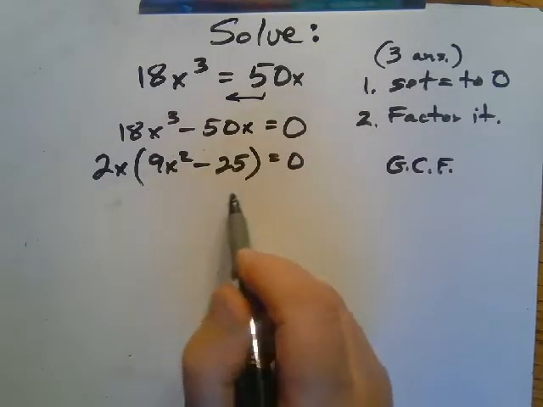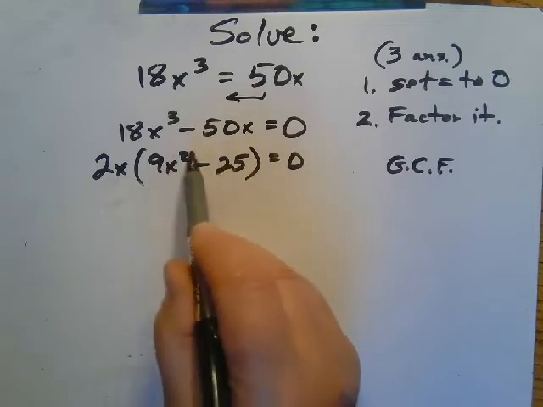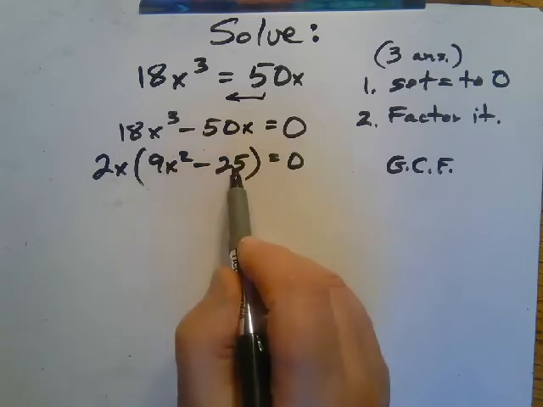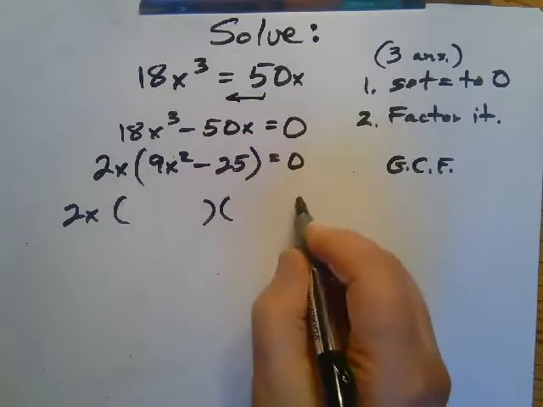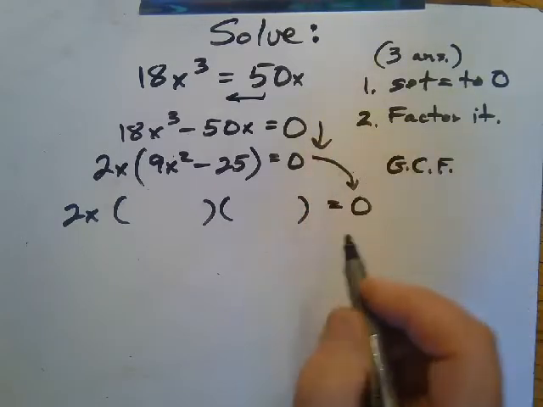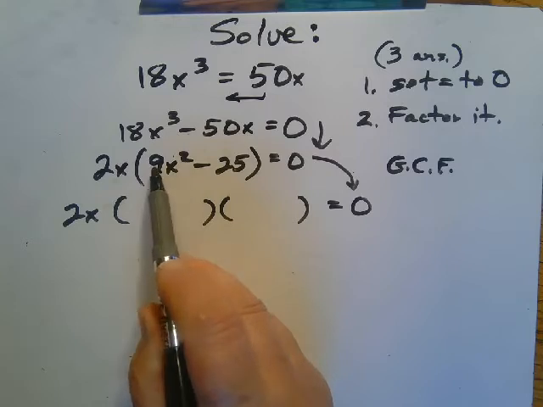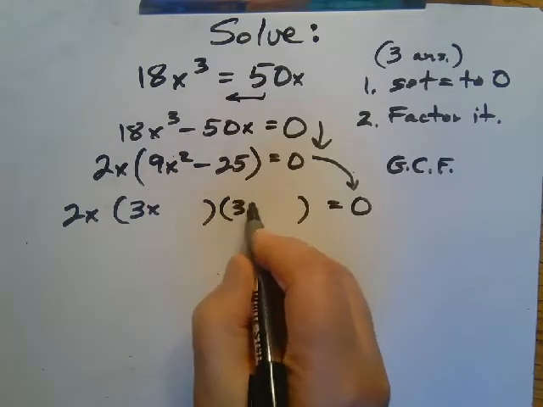Now I'm not done factoring because I look at this and I go, you know what, there is something else I can do. This is the difference of squares. So this will factor into those 2 factors. Notice I'm bringing down the equal sign every time. The square root of 9x squared is 3x, so I'm going to put 3x here and here.